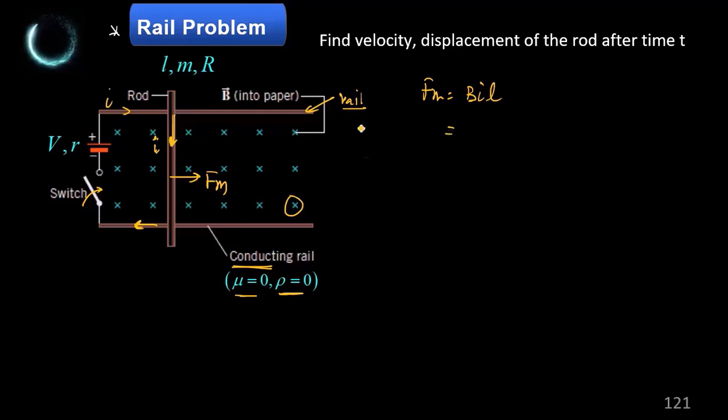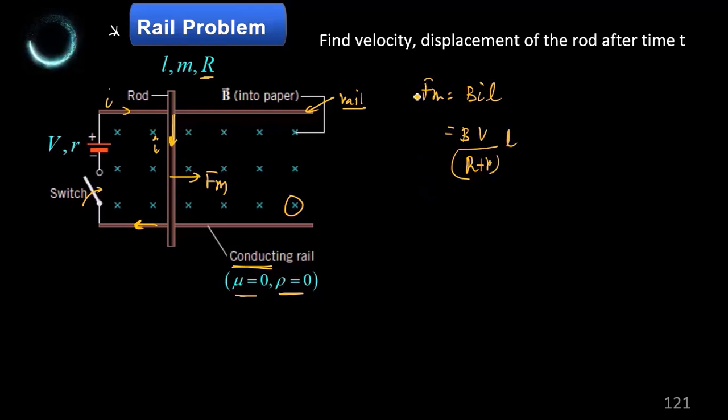And I is nothing but the current. Current is how much? Potential difference V divided by, let us say the rod has a resistance of capital R, so total resistance in the circuit is R plus small r into L. That is the force on this rod.